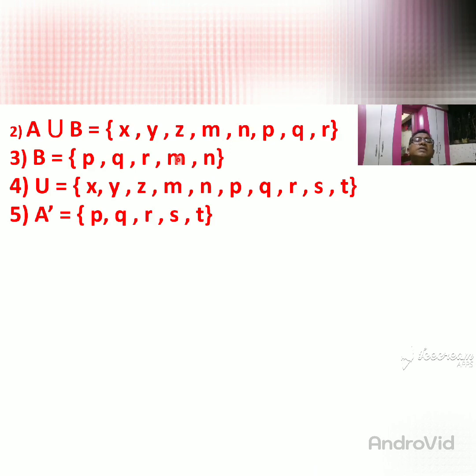So what remains? Remaining are P, Q, R, because this M, N is common, so don't write it again. So P, Q, R, and what else does the universal set have? S, T. So A complementary is P, Q, R, S, T. Do you understand what I said? A complementary means whatever be the elements of A are cancelled from the universal set, and whatever elements remain in the universal set, that is the complement of A.